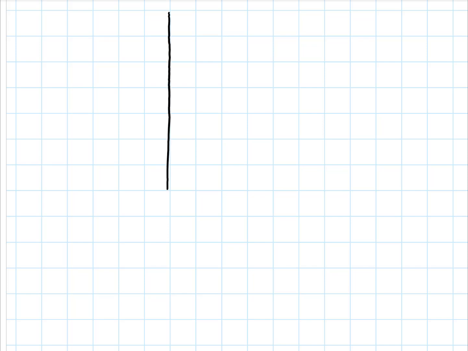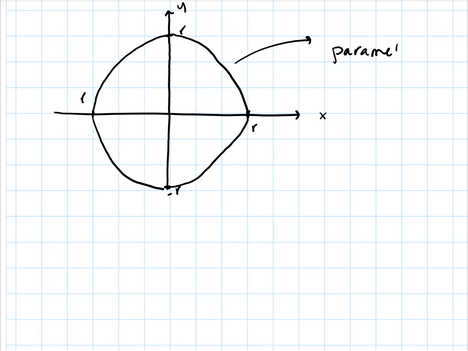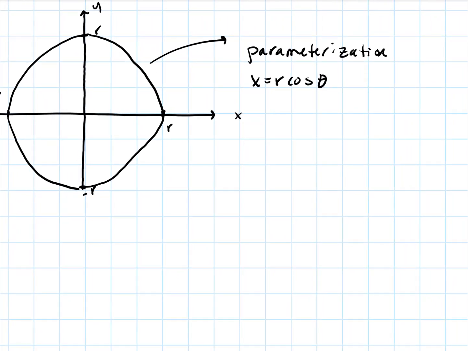So if we have a circle of radius r in the xy plane, the parameterization can be written as x equals r cosine, and I will use theta because we're talking about circles, and so it does make sense.